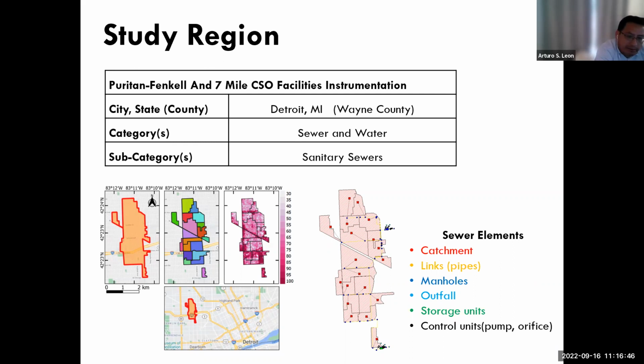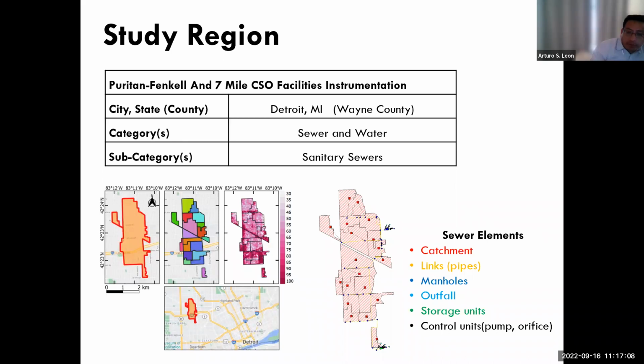This is probably the biggest combined sewer system facility in Detroit. We are doing two more applications right now, but they are not completed yet. But this one is more or less close to being completed.